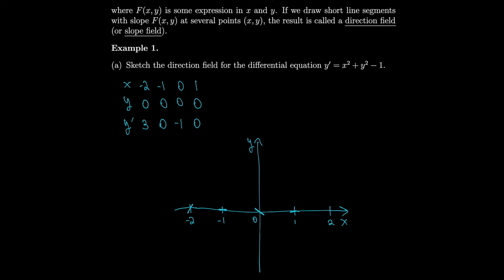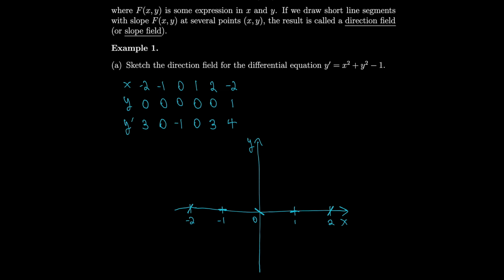And then at 2, if we plug in 2 and 0, 2 squared is 4 minus 1 is 3, so another line segment with slope 3. And you keep doing this. For the next row, we could do minus 2, 1 this time instead of minus 2, 0. You plug that in, you get 4 for the derivative, so the slope is 4.